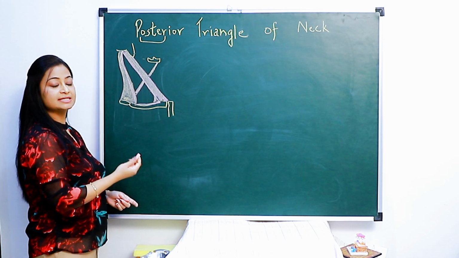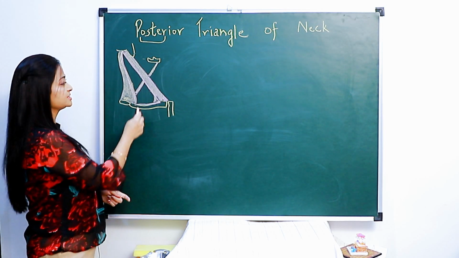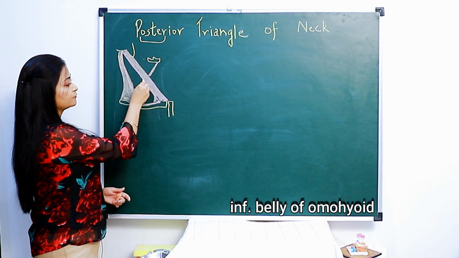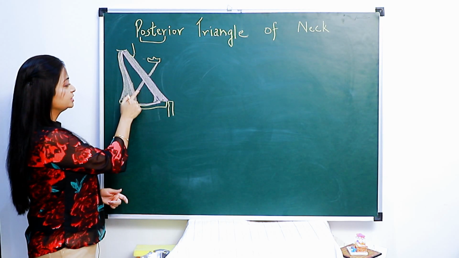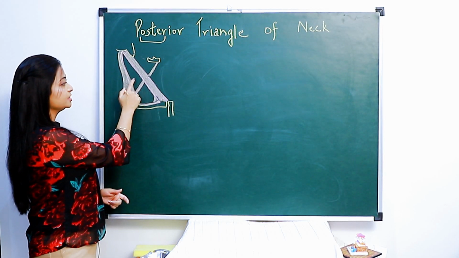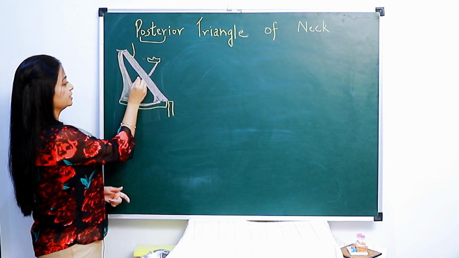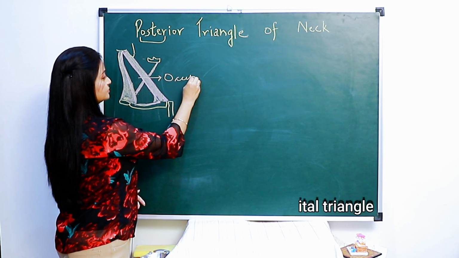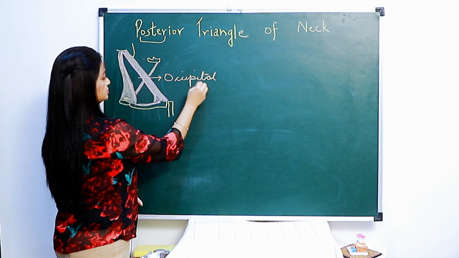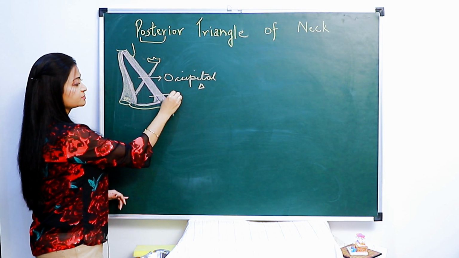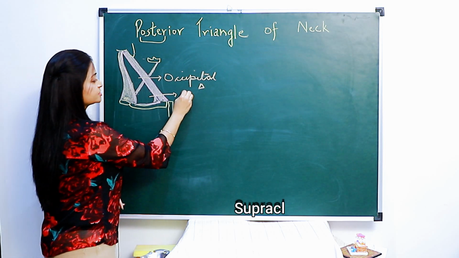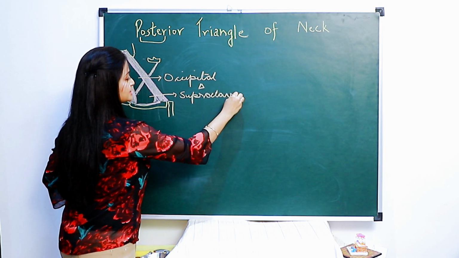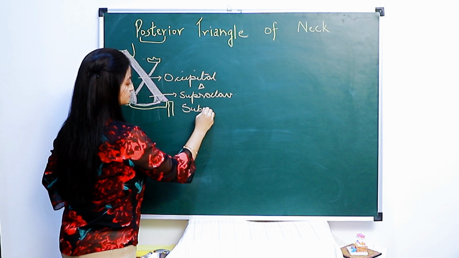Now this triangle is subdivided into two portions by this muscle, which is the inferior belly of omohyoid. Okay, so this whole triangle is divided into an upper larger triangle known as the occipital triangle and a lower smaller triangle known as the supraclavicular triangle, also known as the subclavian triangle.